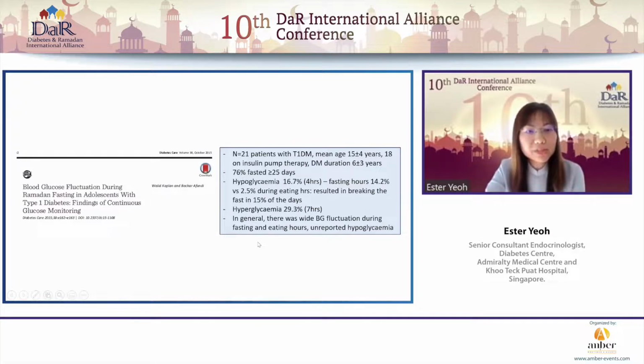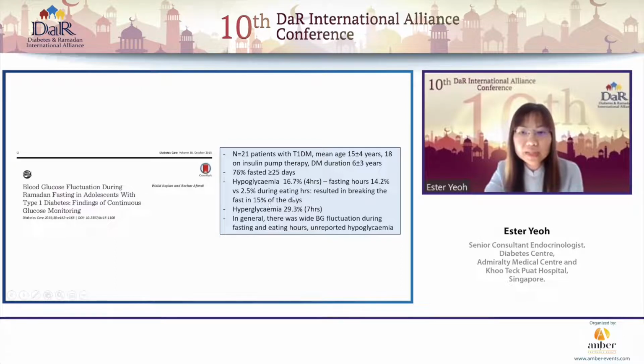Similarly, children and adolescents were shown to have some blood glucose fluctuation during Ramadan fasting. In this study, there were 21 patients with type 1 diabetes, and 18 were on insulin pump therapy. The mean diabetes duration was 6 years, and 76% managed to fast more than 25 days.